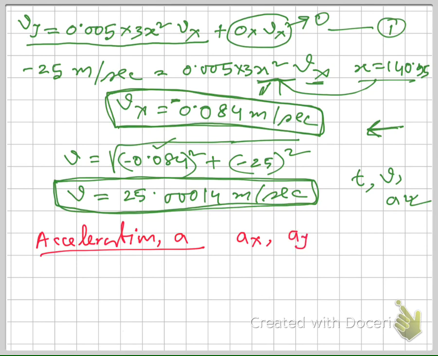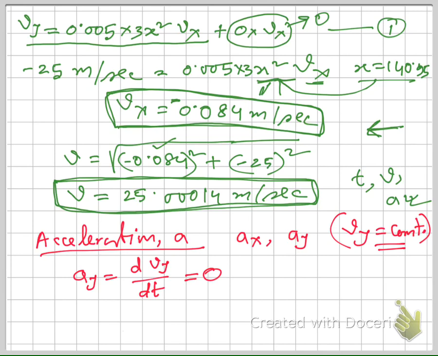Now, good thing we know that the velocity downward is constant. So acceleration y would be, by definition, the derivative of vy with respect to t, when vy is constant, which is negative 25 meter per second. So we know ay is 0.